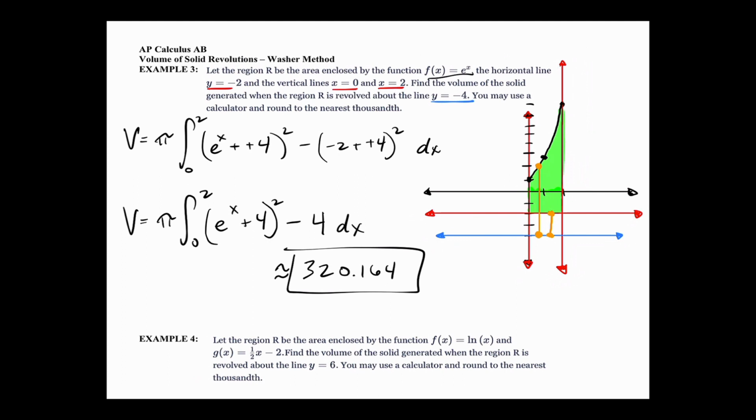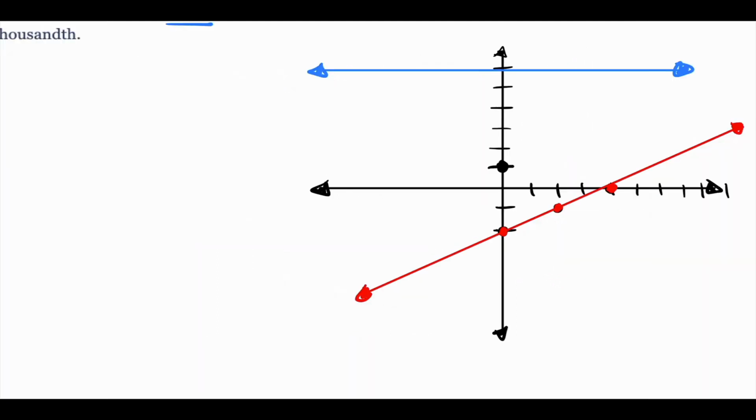All right. I want you to do number 4 now. G of, what was I going to say? ln. When you're graphing ln, it's kind of a crazy graph. So just sketch it.